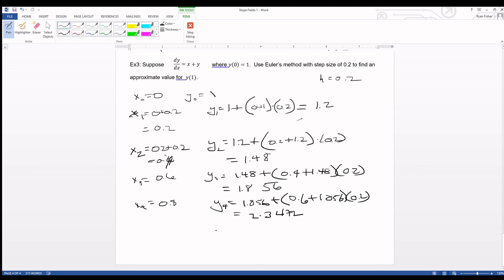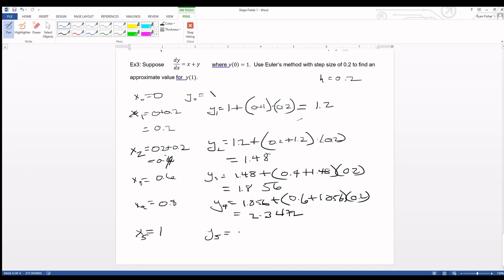And lastly, this will be the last step, because when I add the step size again, I'm going to get exactly the x value I want to approximate, which is x equals 1. 0.8 plus 0.2 is 1. This is the fifth step. So the fifth step gets me to the x value I want, and that tells me this will be the last y value I need to calculate.